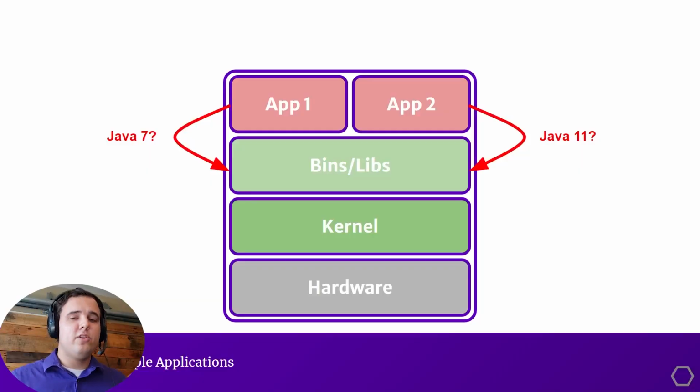Now, those binaries and libs can only have one installed, or you can have multiple installed, but it gets pretty complicated. And in turn, this leads to a dependency issue where you've got two completely separate applications with two completely separate lists of dependencies, and it can be really difficult to get them both working and running nice and stably on the same hardware.